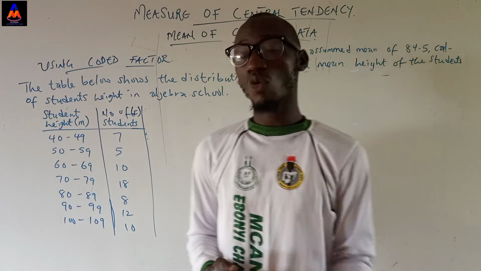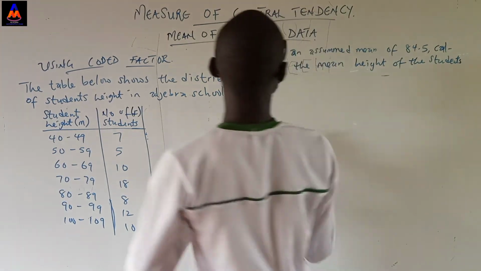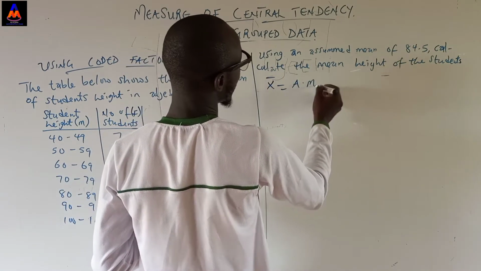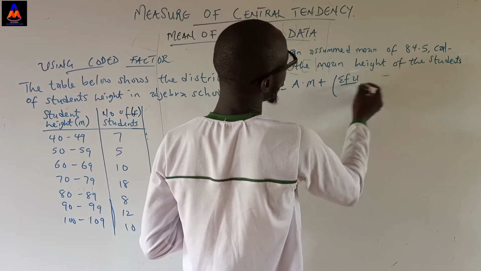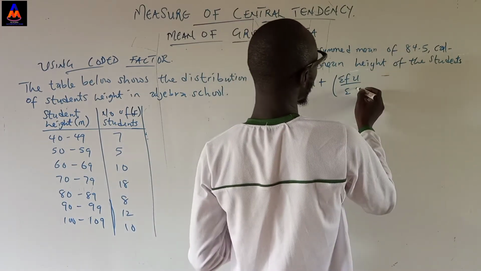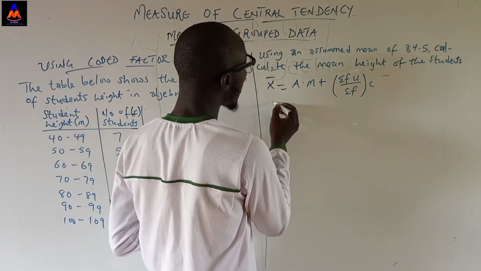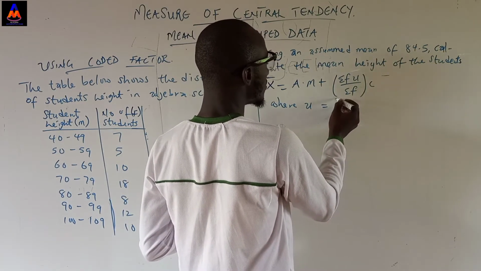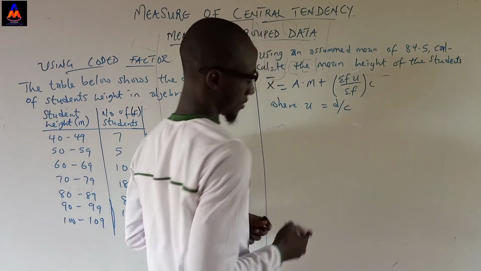So what is the formula for coded factor? When you're using coded factor to find the mean, the formula of the actual mean, which is bar S, is going to be the assumed mean that you are given plus summation FU all over summation F times the class width, where your U is the ratio of your deviation and your class width.